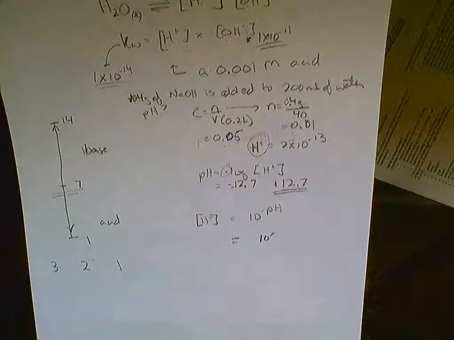So I have found that. Then I'm going to put in my number, which is 12.7, but you have to put in negative 12.7 for this to work. I will get there.